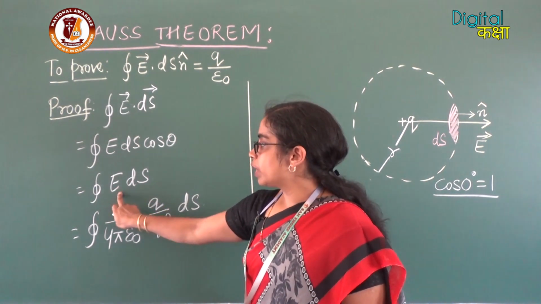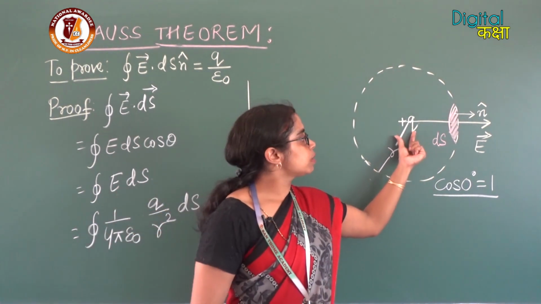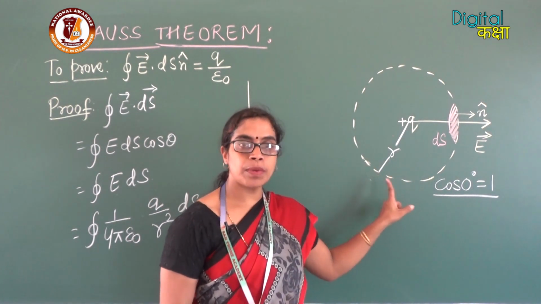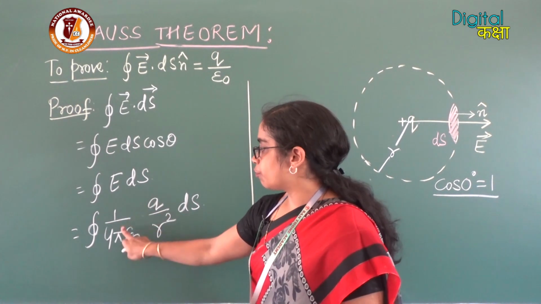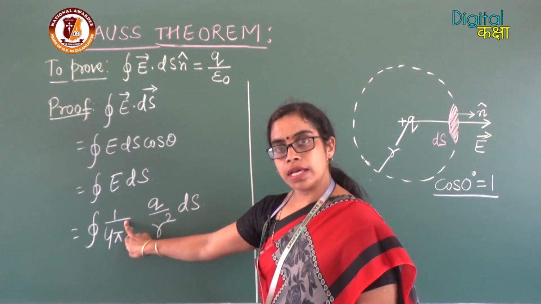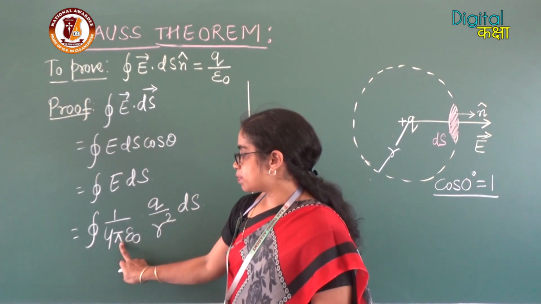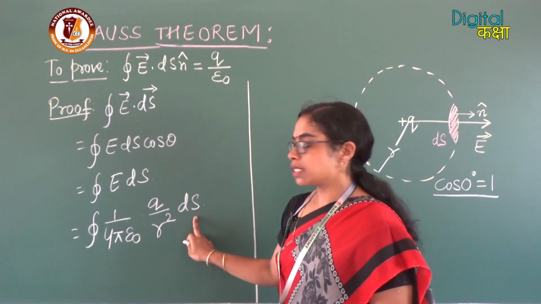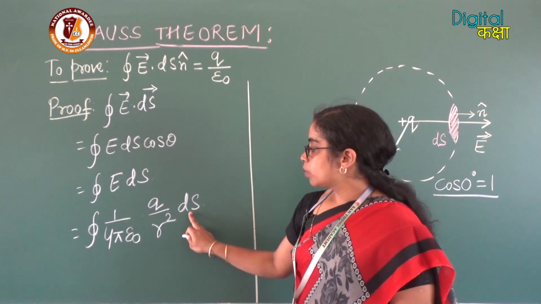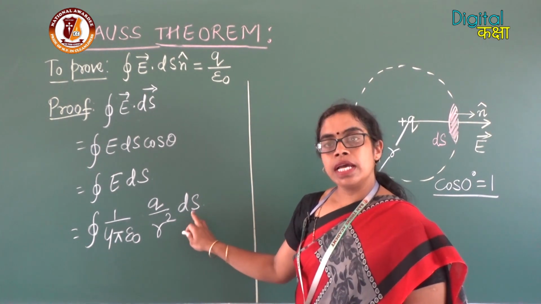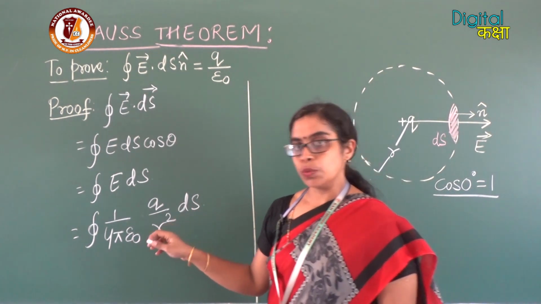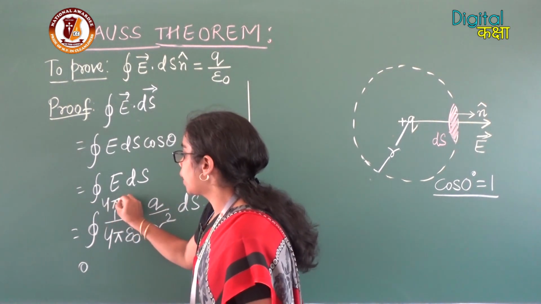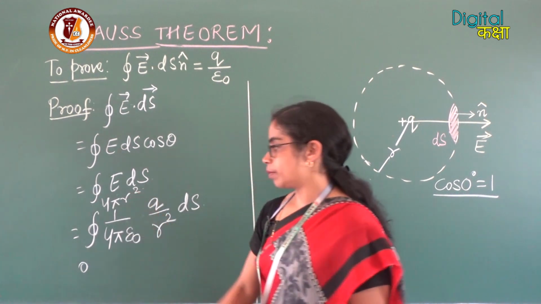The value of the electric field due to this charge q at distance r is given by the formula of electric field and can be written as 1 upon 4 pi epsilon naught q upon r square, and this ds as it is. Now this surface area has a variable value from 0 to 4 pi r square.